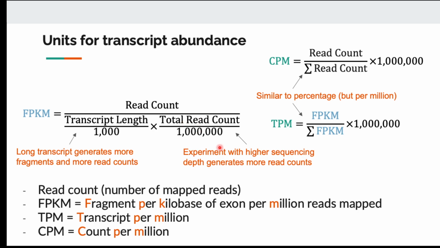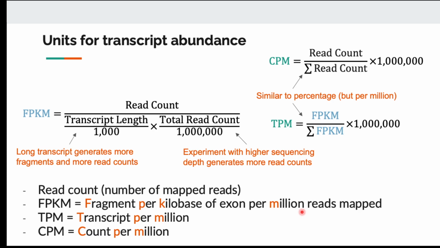So we want to make it easy to recognize. That's why the FPKM, when it was invented, is per kilobase of exon and then per million reads mapped. So it's not just the total reads. They only consider the reads that can be mapped to the genome or the transcriptome, because you can have contamination. You don't want to normalize your data by the contamination.